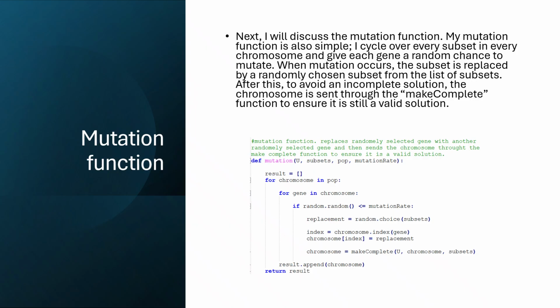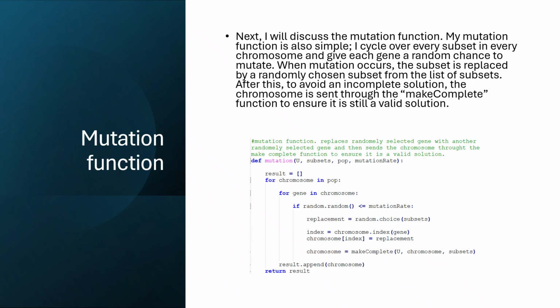Next, I will discuss the mutation function. My mutation function is also pretty simple. I cycle over every subset in every chromosome and give each gene a random chance to mutate, genes here being the subsets.